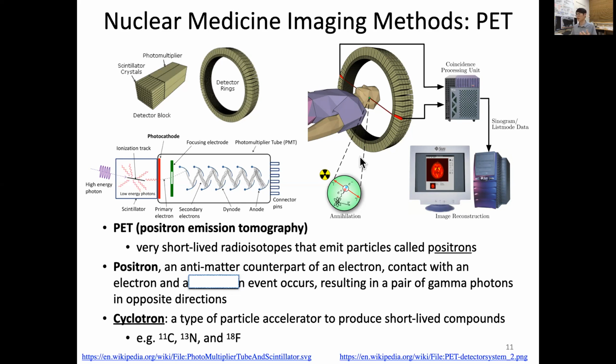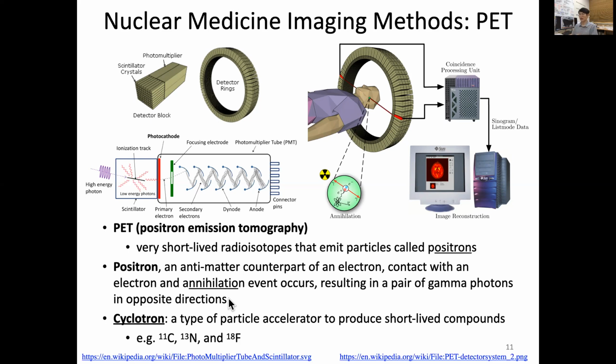That limits the resolution of PET. The positron is the antimatter counterpart of an electron. When it comes in contact with an electron and annihilation occurs, that results in a pair of gamma photons in opposite directions. The reason is the preservation of momentum.